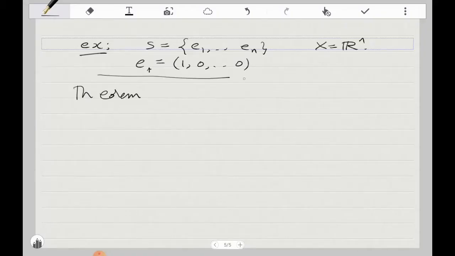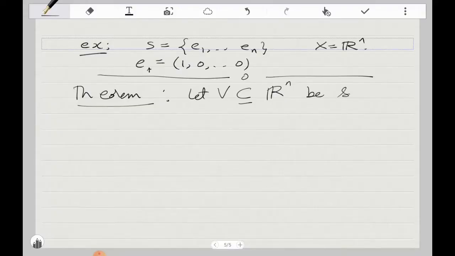Theorem. Let V, as usual, all our vector spaces are subspaces of some Euclidean space, be spanned by R vectors.